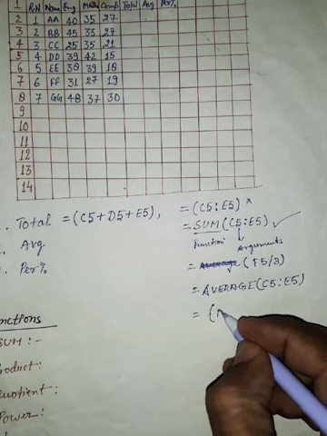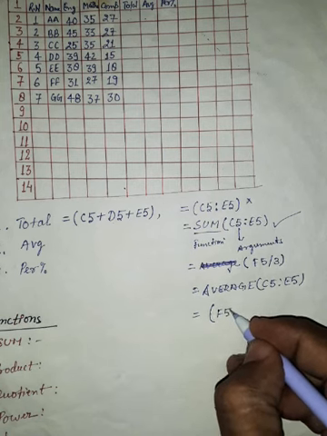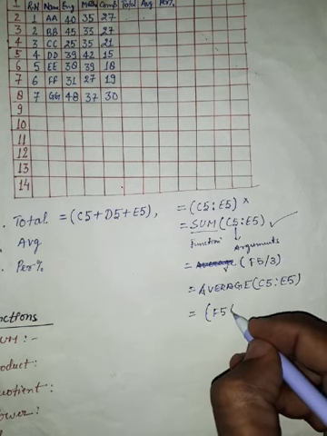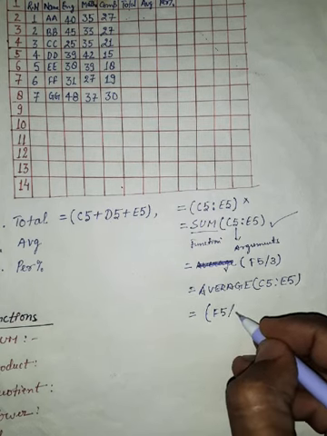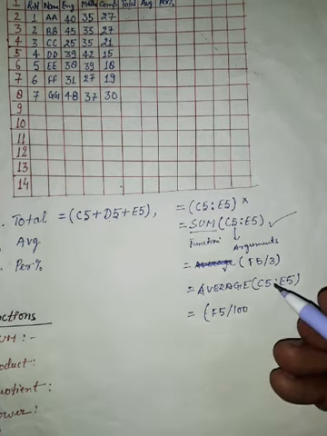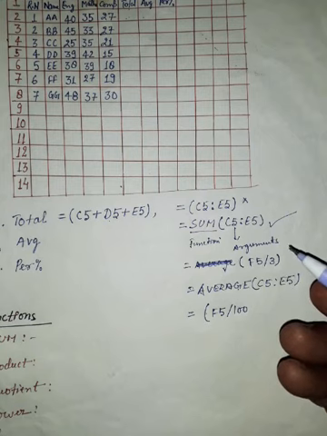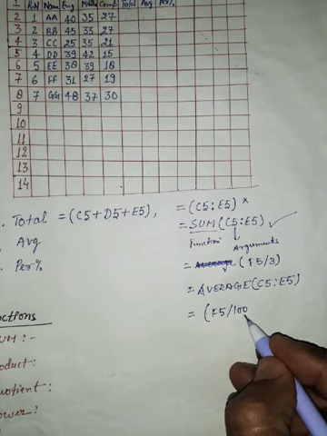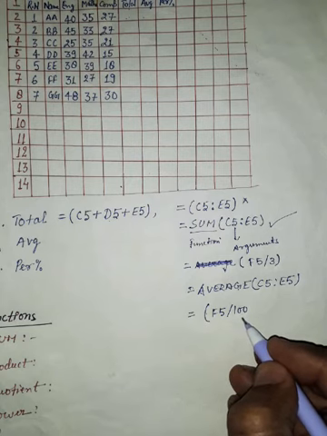The total is, suppose, in F5, okay. And here divided by 100, okay. Because the percentage is always divided by 100 here.